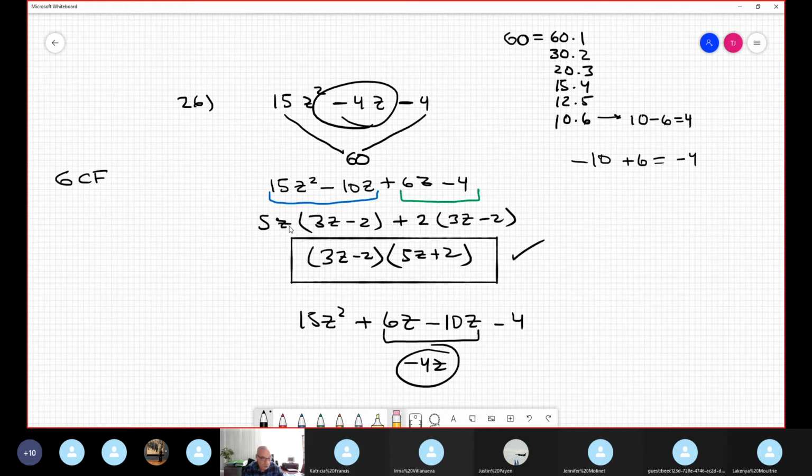Therefore, this factorization is good. I select the option, let me see, 3c minus 2. I suppose it's D. Okay. Very good.